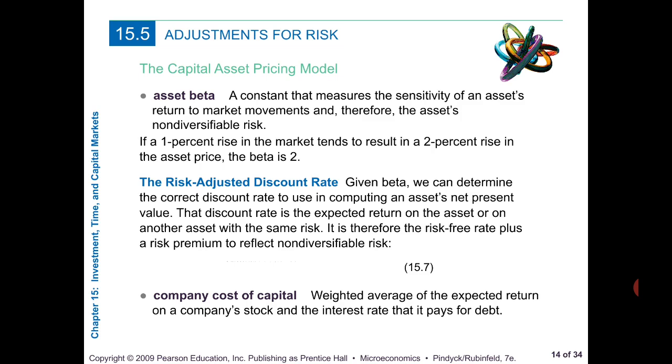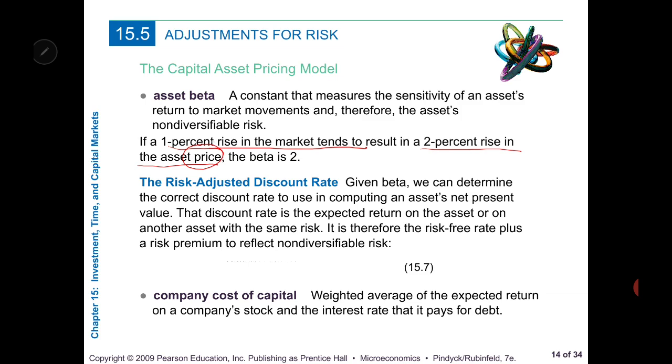So what is the asset beta? A constant that measures the sensitivity of an asset's return to market movements, and therefore the asset's non-diversifiable risk. So if a 1% rise in the market results in a 2% rise in the asset price, remember why we say price?